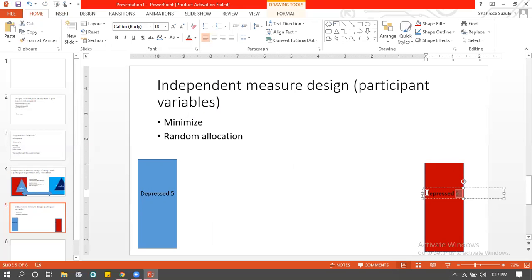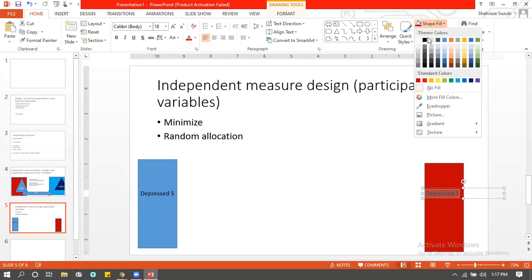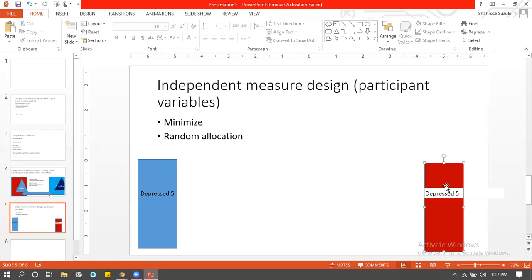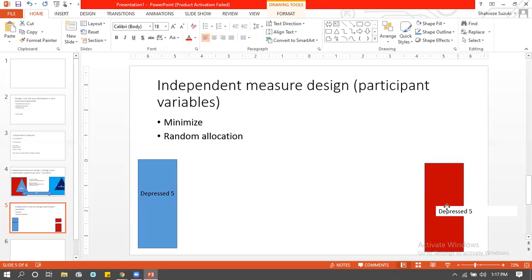So ideally, we want both of the groups to be equal, so that there's no difference between the quality of people in both groups. Both the groups should be equal in nature.